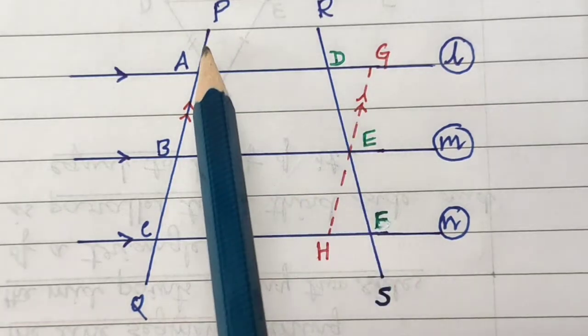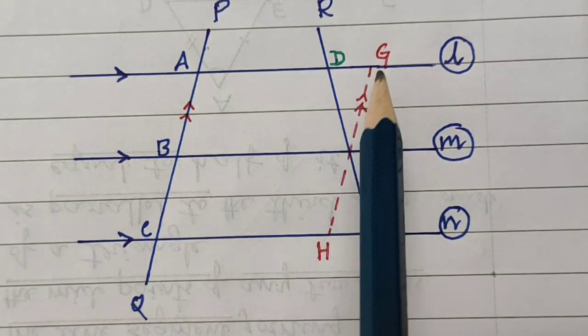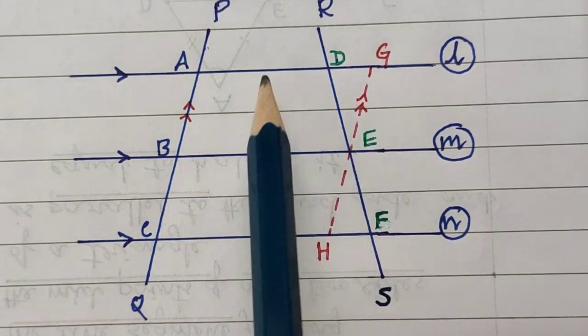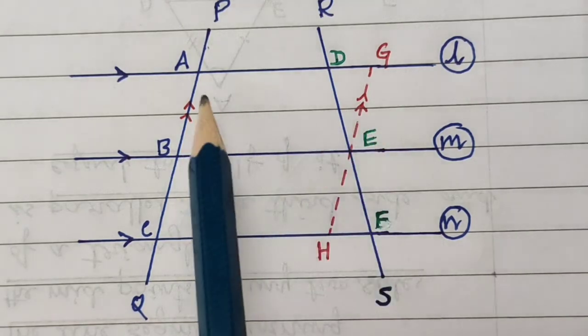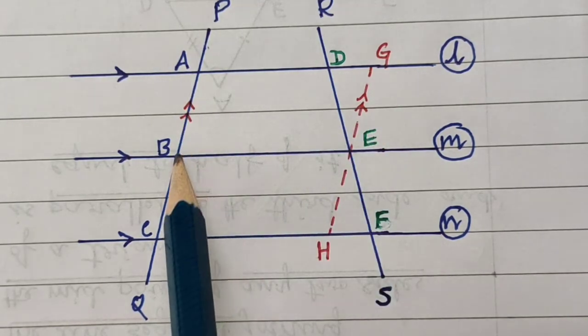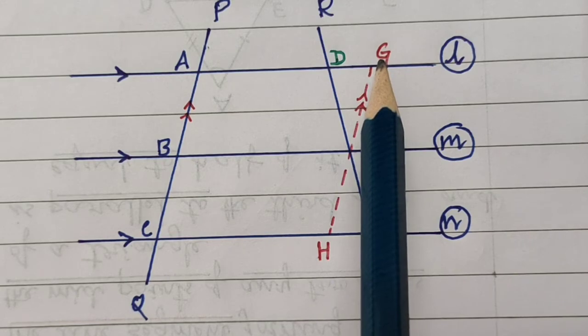By construction, AB is parallel to GE. Therefore, ABEG is a parallelogram.